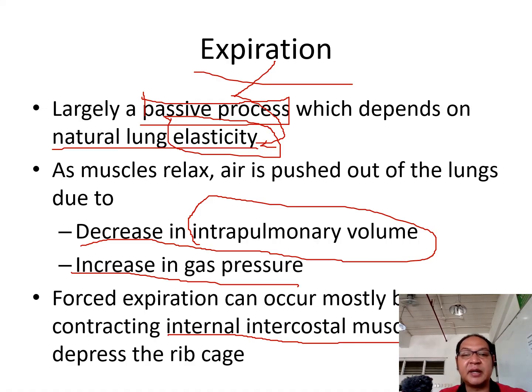So here, if you want to force it, you use your internal intercostal muscle. Okay, remember, in the mechanics of breathing, we are only talking about two muscles. We have the diaphragm and the external intercostal muscle. Don't be confused with the internal intercostal muscles, because this one is only used if you force your expiration. Okay?